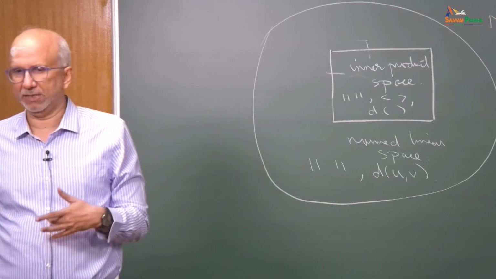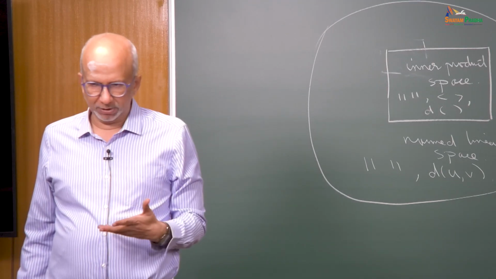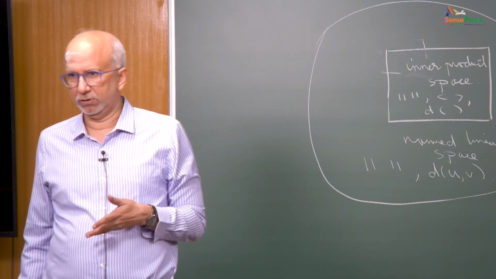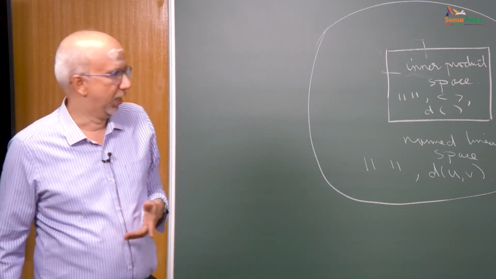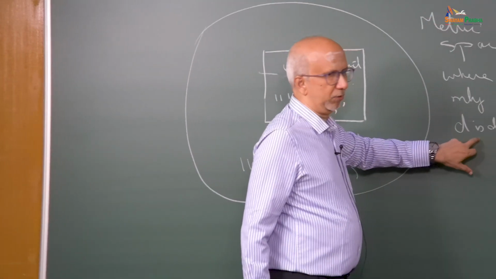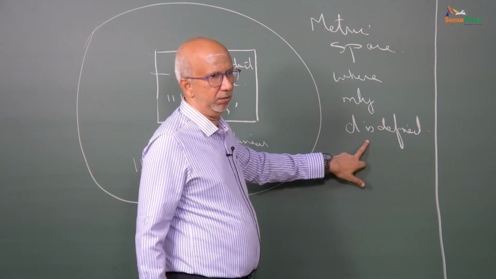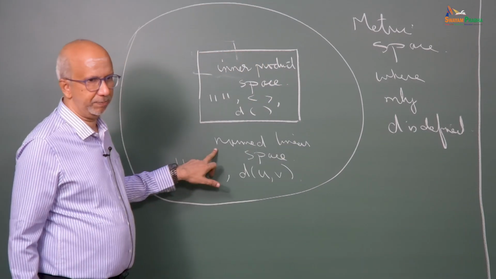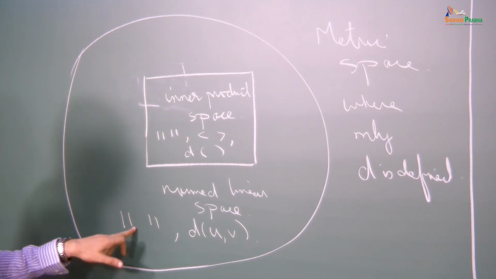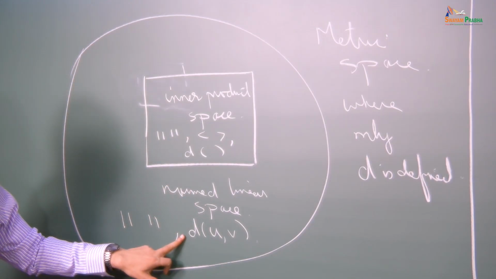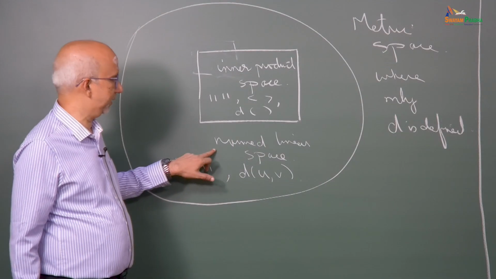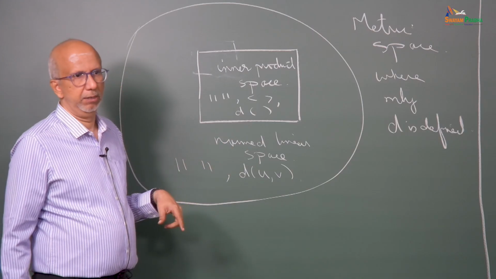So, metric space does not have to be a normed linear space, and then I do not have a concept of length, I do not have a concept of angle, I do not have a concept of inner product. Okay. So, this does not have concept of norm or inner product. This is a normed linear space, it has concept of norm and it has a concept of metric, okay, but this does not have concept of inner product.